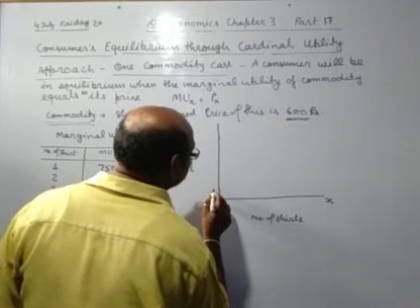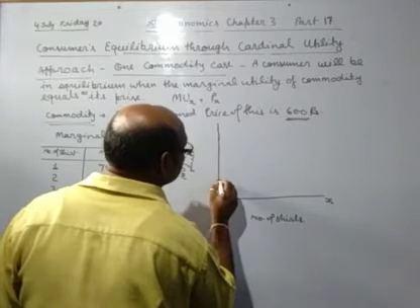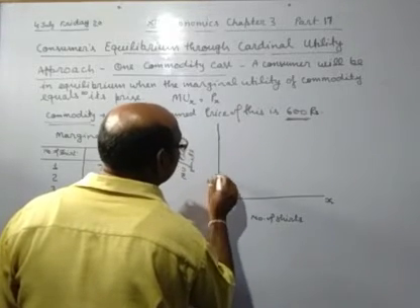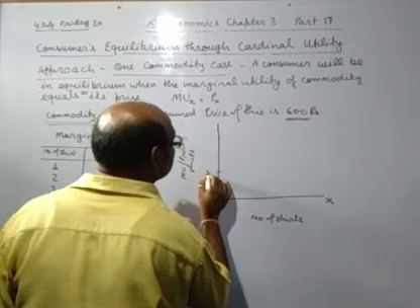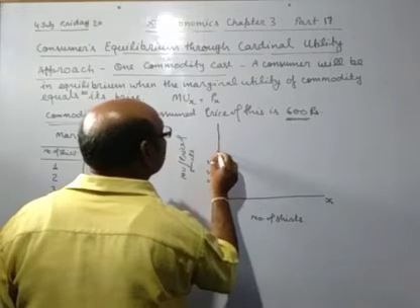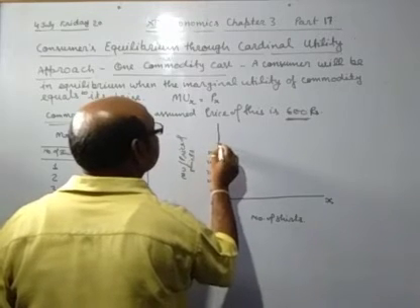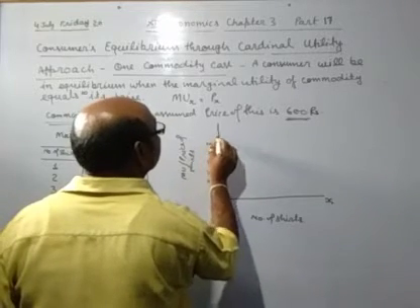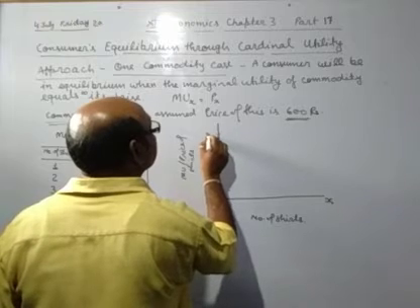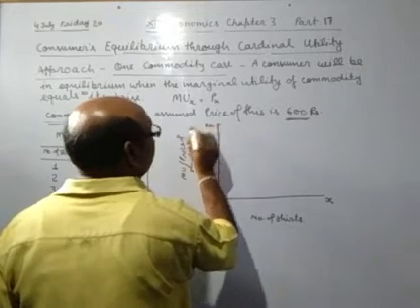Suppose this is 100, 200, 300, 400, 500, 600, 700, 800.